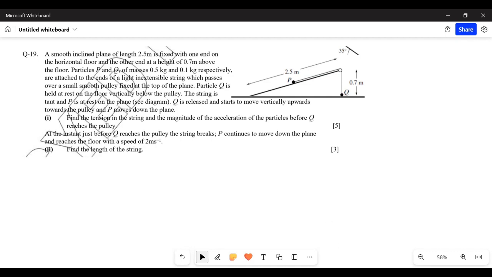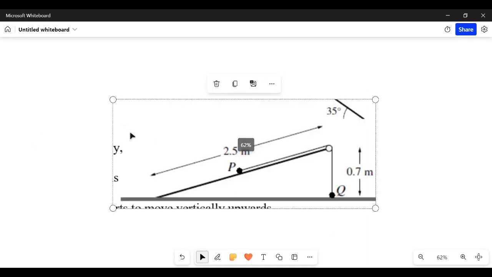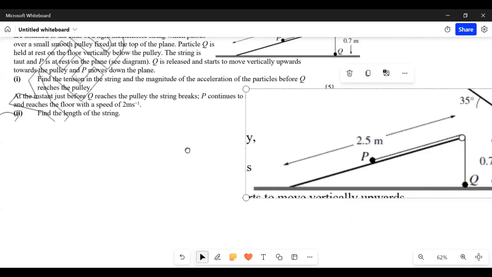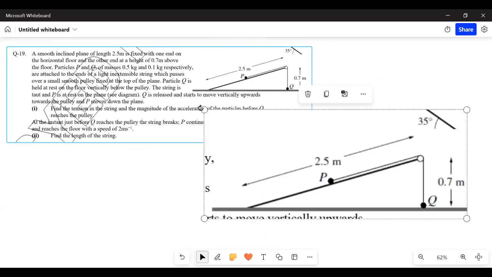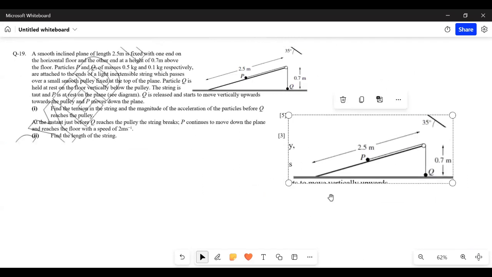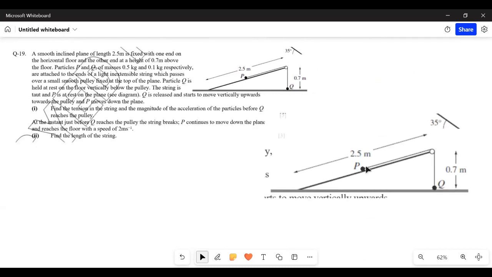Okay, so we have to form two equations, one on P and one on Q, and solve them simultaneously to find a and T. Okay, so Q is going upwards, so it's going to have a forward force of T and a backward force of, what's the mass of Q? 0.1 kg.